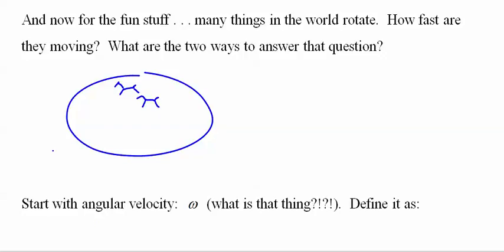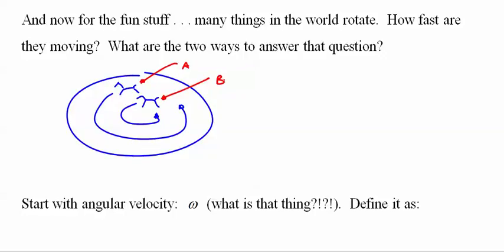This one's going around here, and this one's going around here. So somebody who is not a physicist might say, who's going faster, horse A or horse B? And to which I would say they're both rotating at the same speed. But one of them's moving much faster.